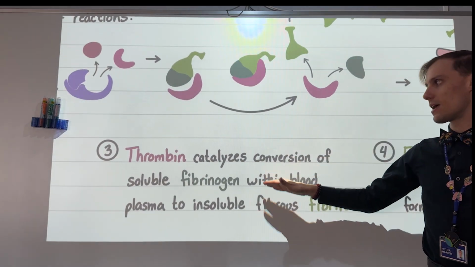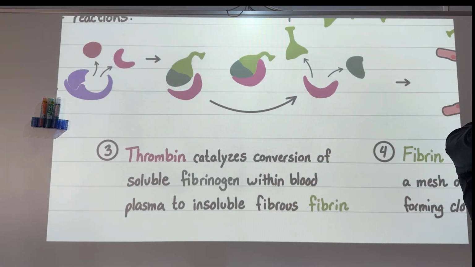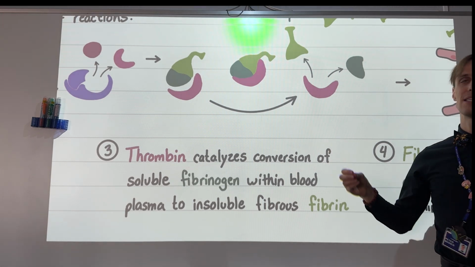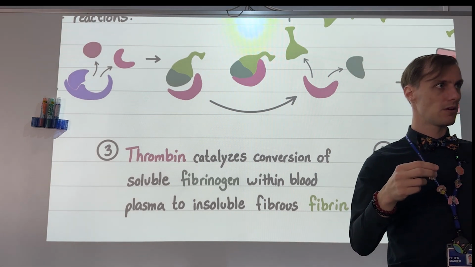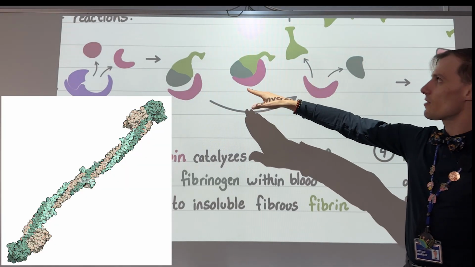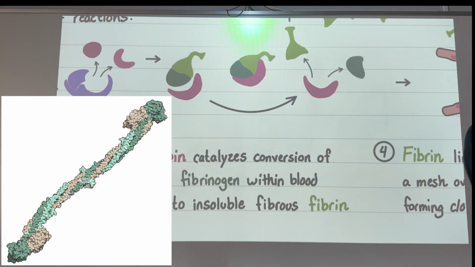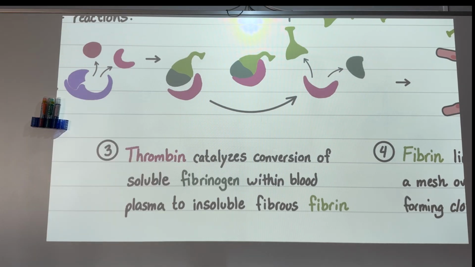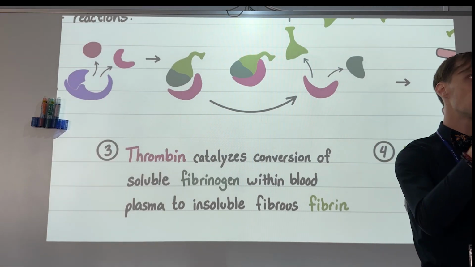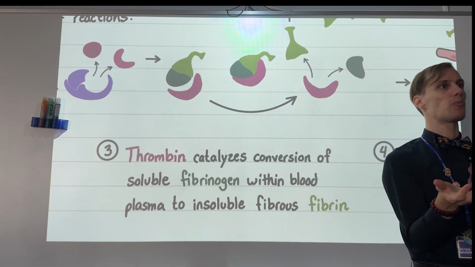Thrombin, as an enzyme, is going to catalyze a conversion. Also naturally in your blood plasma is a soluble protein called fibrinogen. This fibrinogen I showed here in dark green. So fibrinogen is a naturally plasma protein that is soluble. That means it dissolves in the plasma, no problem.